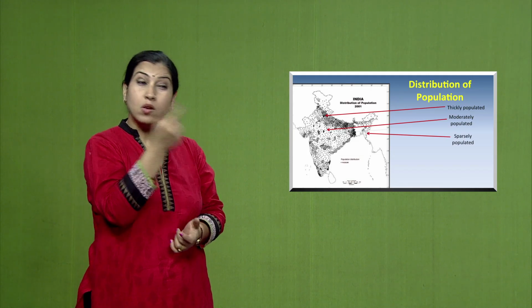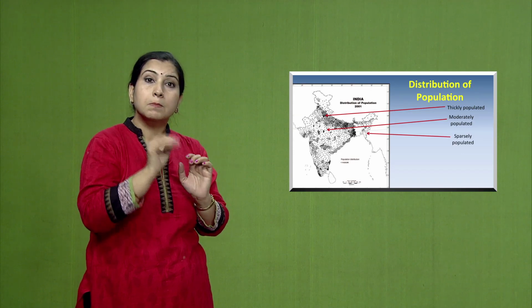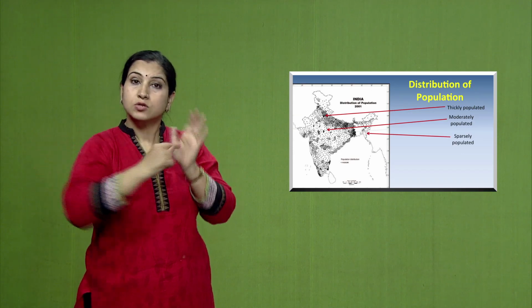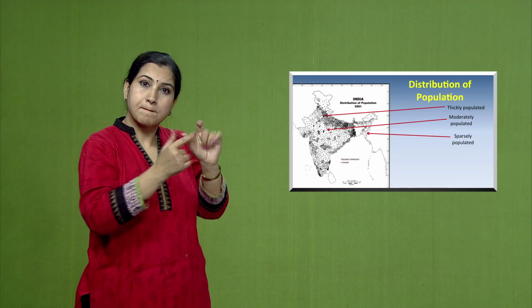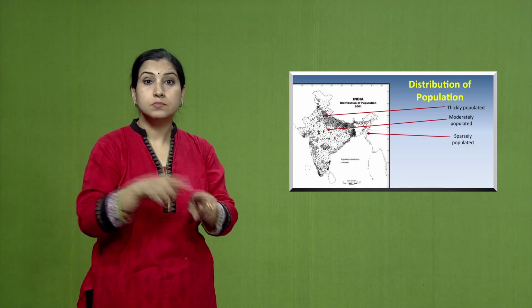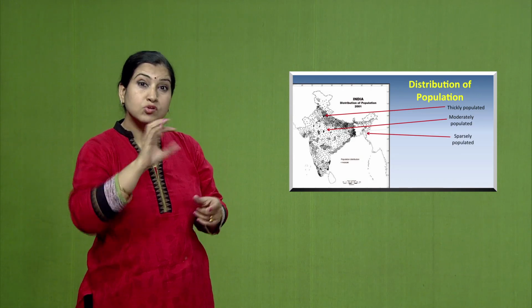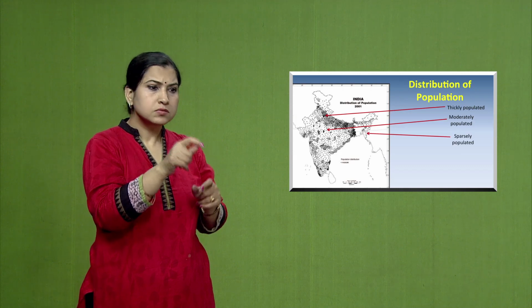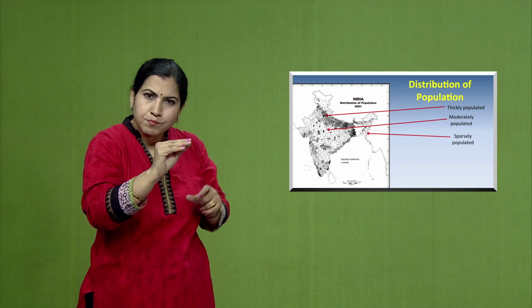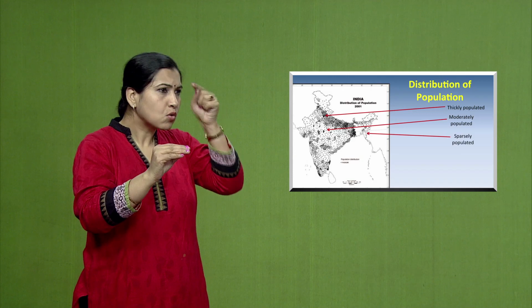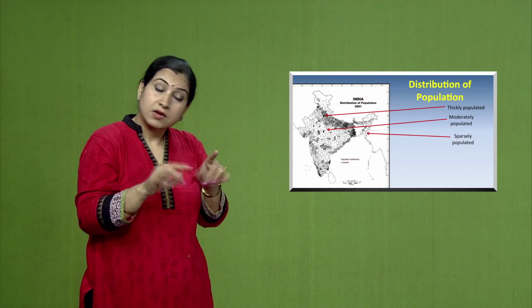Each dot represents 5 lakh persons. As you see, in some states, the number of dots is less, even if the area is substantially large.